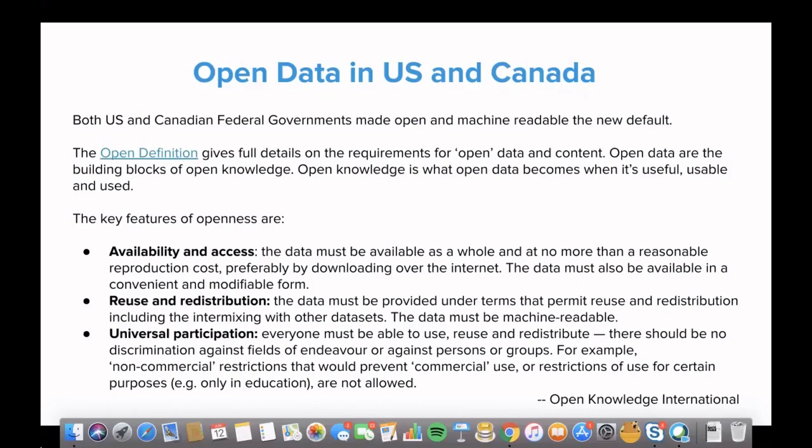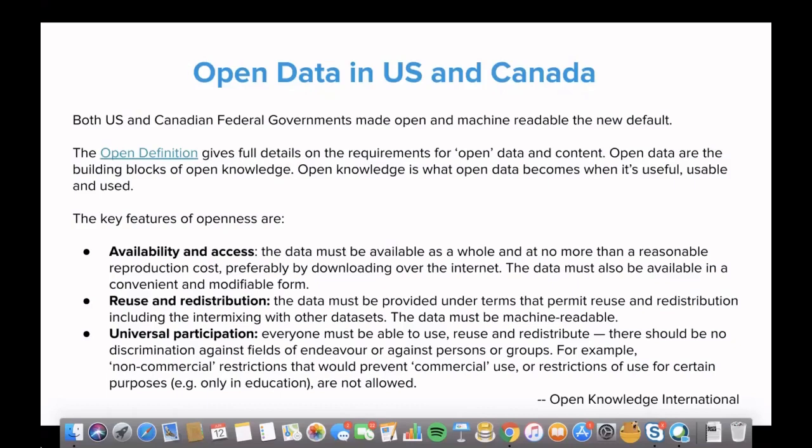And universal participation: everyone must be able to use, reuse, and redistribute. There should be no discrimination against fields of endeavor or against persons or groups. So there can't be anything, for example, saying you can't use my data for any climate change research. There can't be any restrictions on how it's actually used. For example, if we have open data here in-house with our own monitoring program, we can't say to somebody else, oh, you can't use that for an app that makes money.